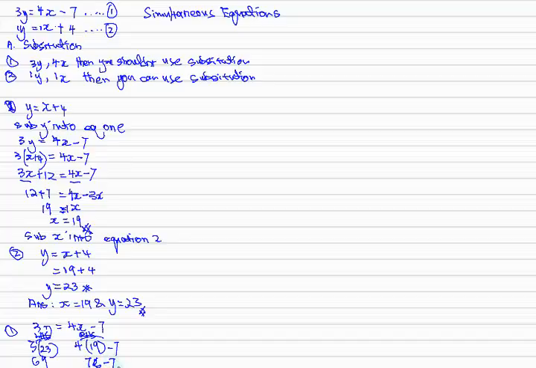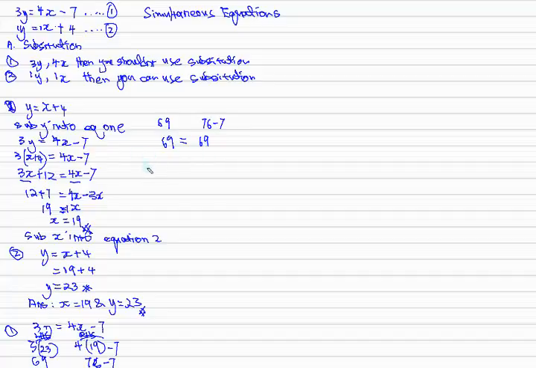So it's 76 minus 7. So you end up with 69, 69. So they are equal. Okay, 69 equal to 69.